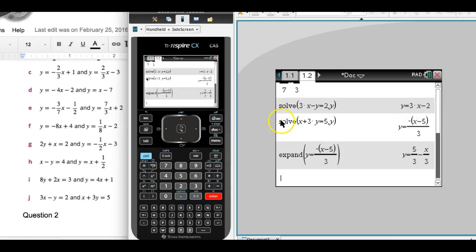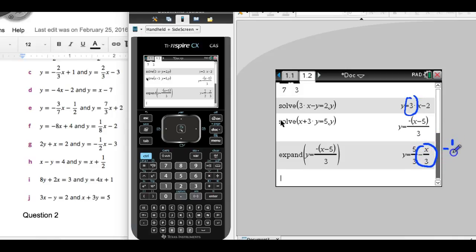So I can see here that the gradient, this one's quite a tricky one actually. The first one, we have a gradient of 3, and the second one is negative, written as negative x on 3, which is the same as negative 1/3 x. Your calculator just doesn't draw it that way.